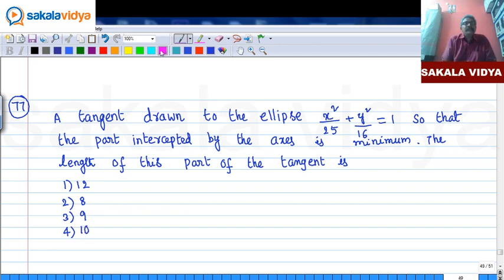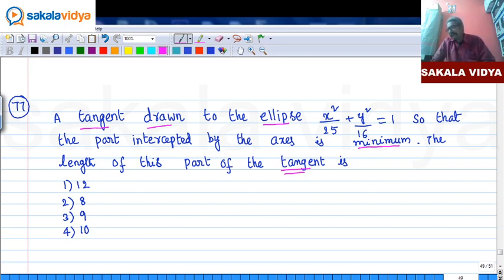A tangent is drawn to the ellipse x square by 25 plus y square by 16 equals 1, so that the part intercepted by the axis is minimum. We need to find the length of this part of the tangent. For this we need three concepts.